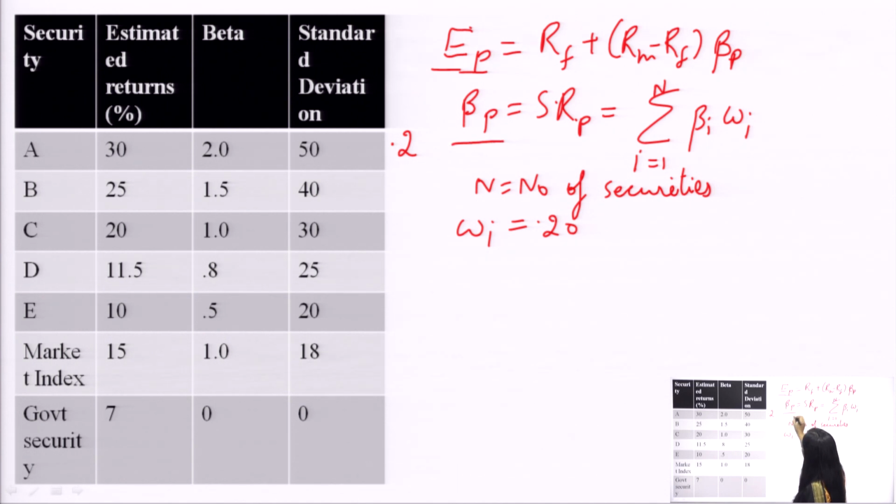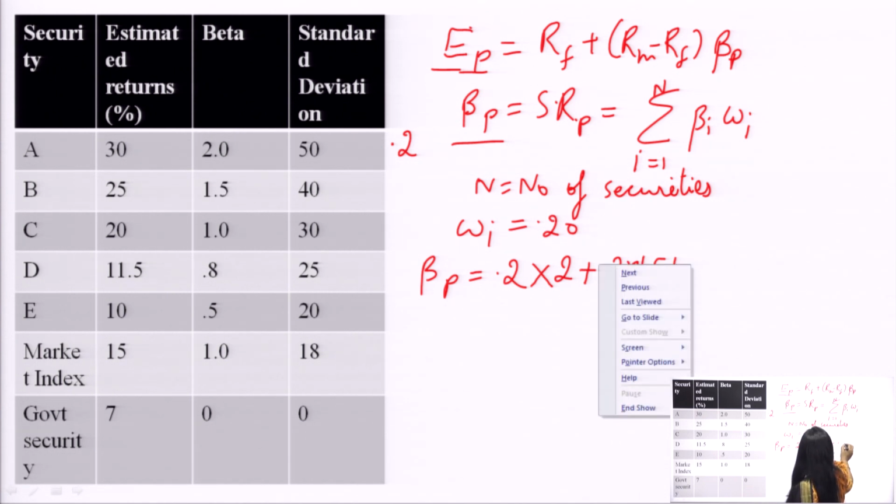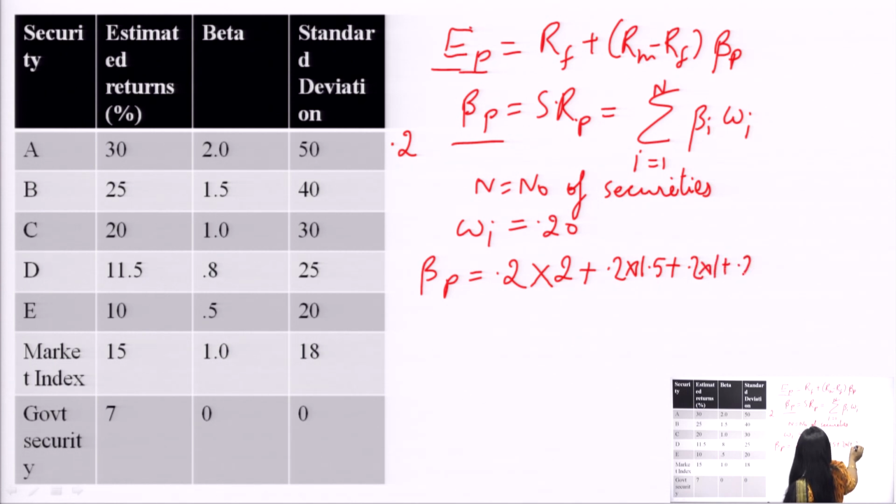So, how would I calculate beta p? Beta p would be equal to, for every security, I have to multiply two things. What is the proportion? Proportion is the same for all the securities, 0.2, and what is the value of beta? For A it is 2, for B it is 1.5, for C it is 1, for D it is 0.8, for E it is 0.5.